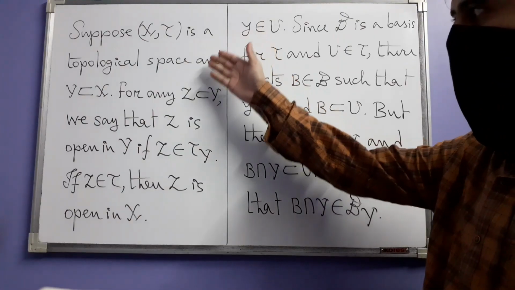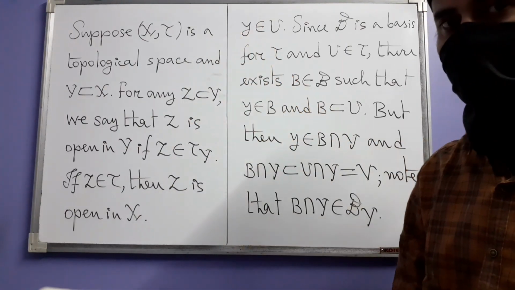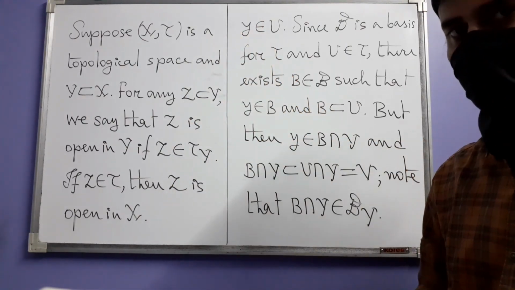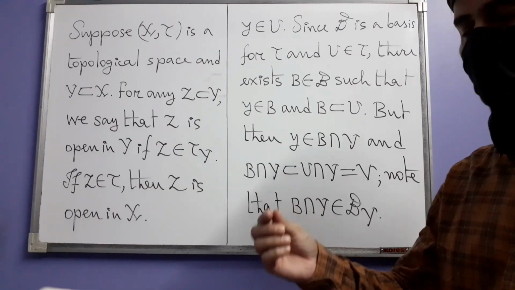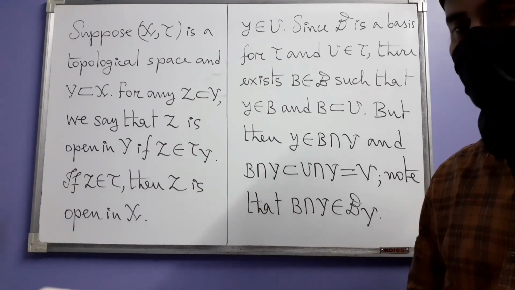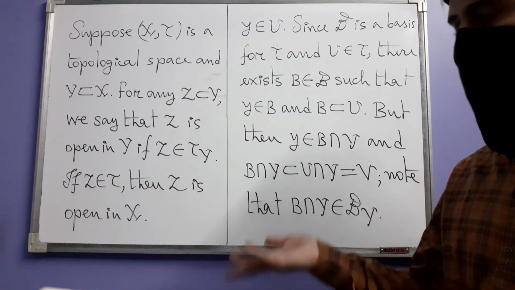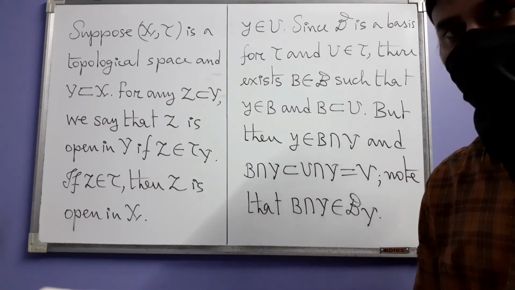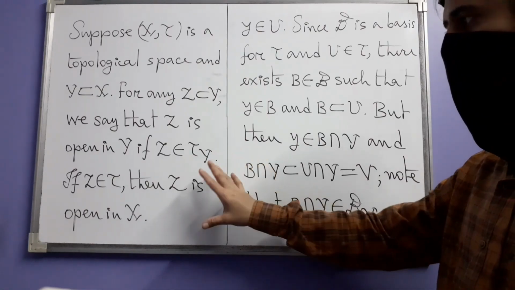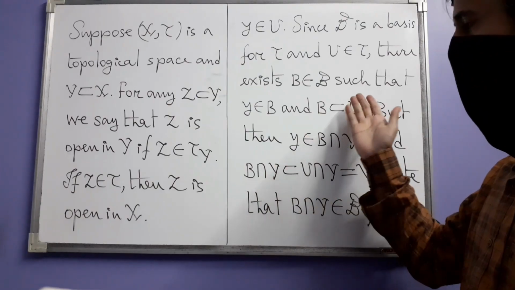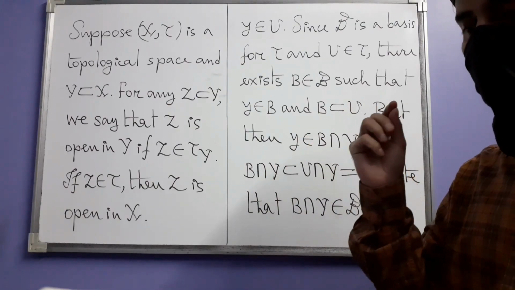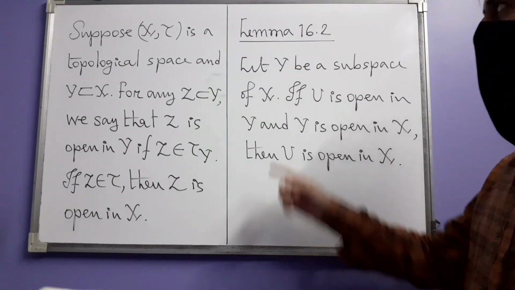Actually, even before writing it down formally, we were already using this terminology: something is open in x means that it belongs to the topology that we have on x, or on y, then it is open in y.